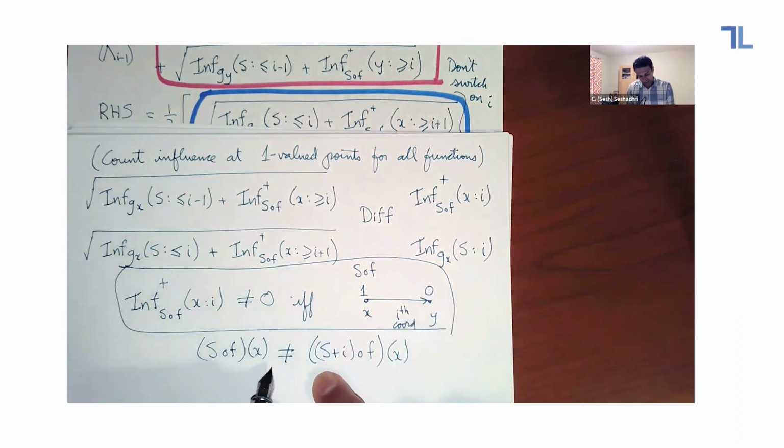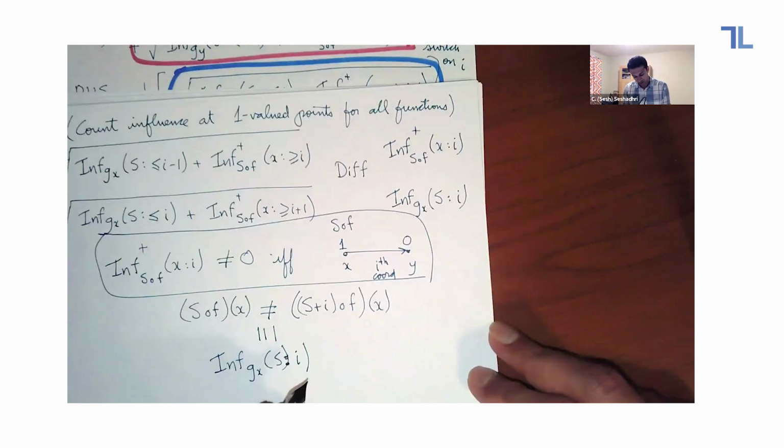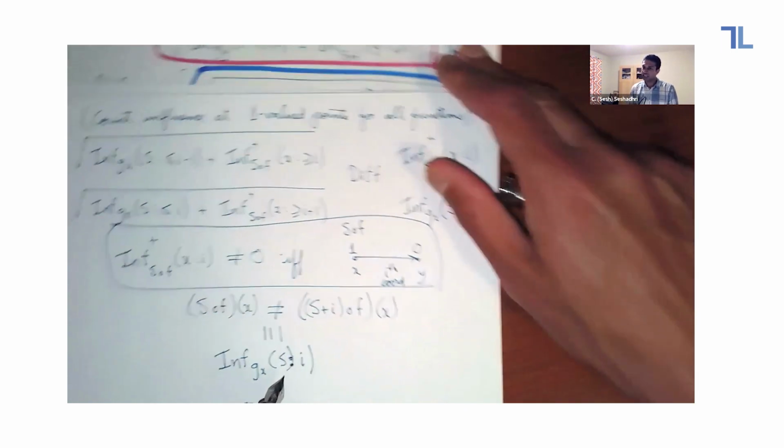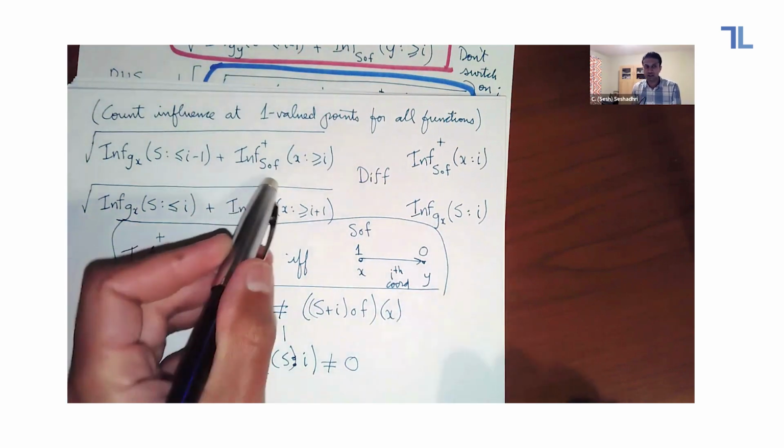But this is exactly the same thing as saying the influence of g_x at s, the ith coordinate influence, is not equal to 0. So you see, these are exactly the same thing. Is this clear? Yes.